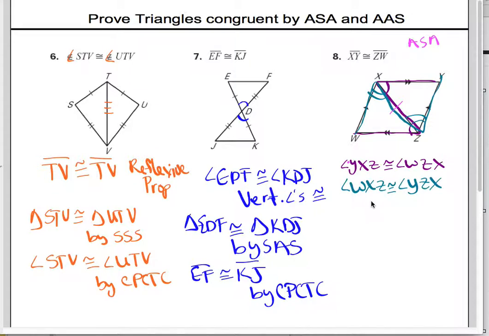And the reason is the alternate interior angles theorem tells me that the angles are congruent. Then I also want to say that they share that side, so that's XZ congruent to XZ, and the reflexive property.